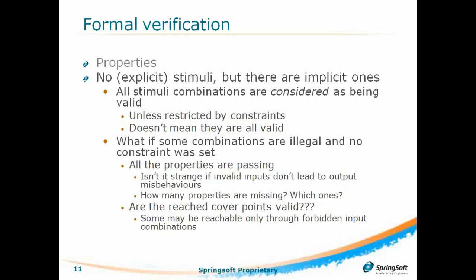I would question also that aspect, because if you don't have any constraints, then a number of those covered points could be covered due to illegal stimuli. And clearly, points which are covered due to illegal stimuli should not be considered as covered.